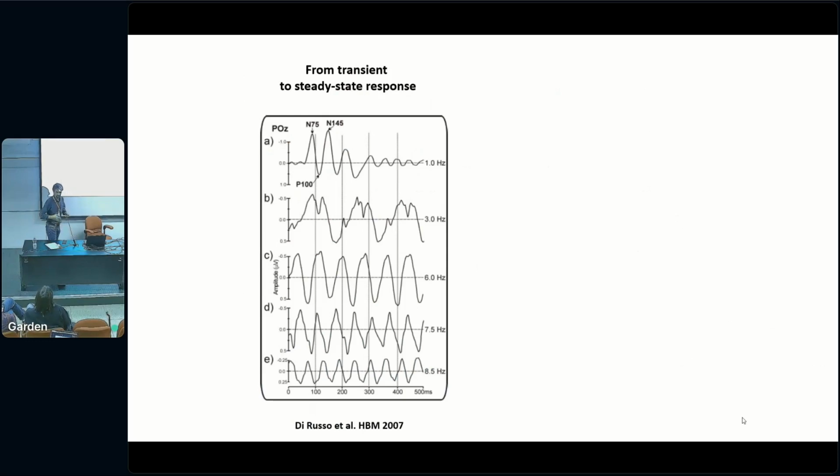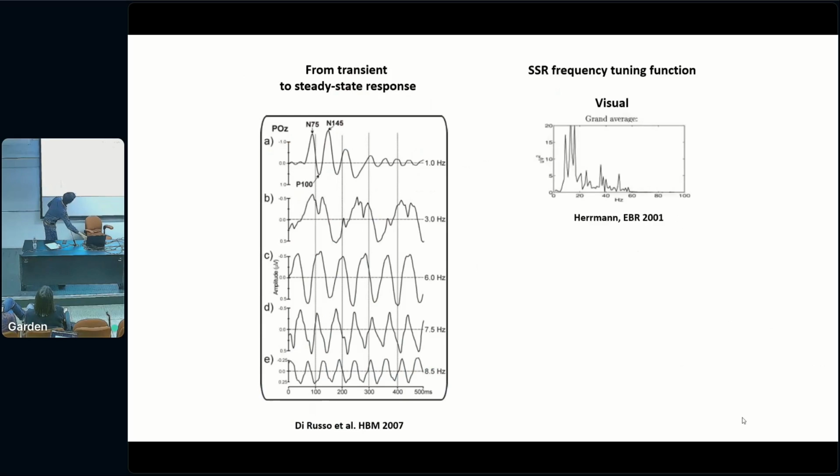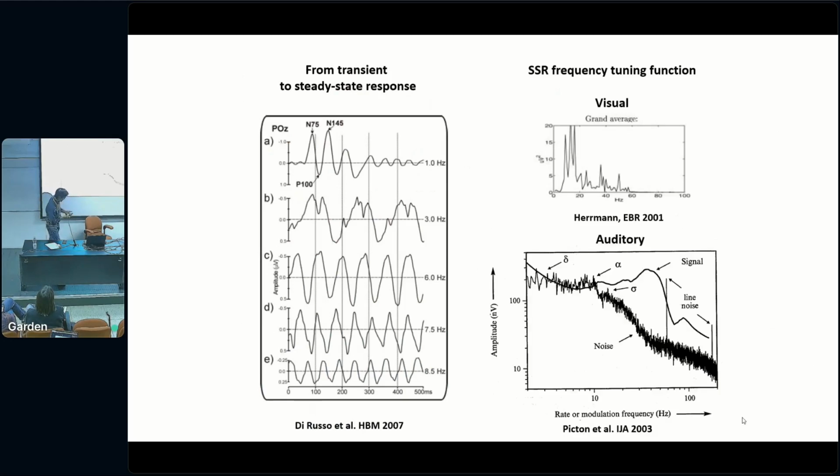There is a frequency range in which, for visual stimulations like this, the brain gives the strongest response, more or less between 8 and 20 hertz. For auditory responses, you have higher frequencies around 40 hertz. So if you want to study sensory responses, this paradigm is very efficient. It gives you a very strong response. But of course, it's sensory responses.